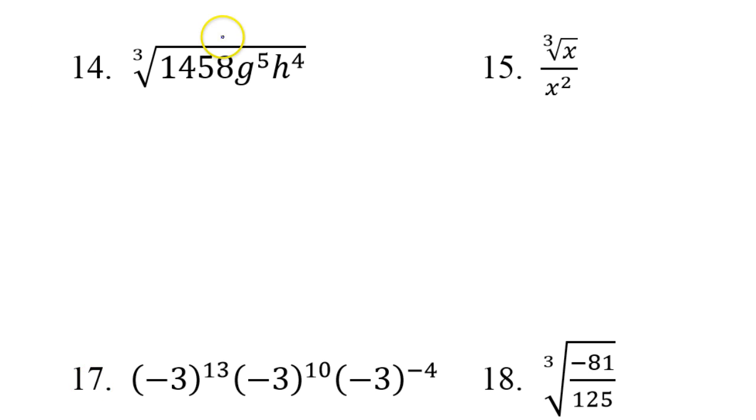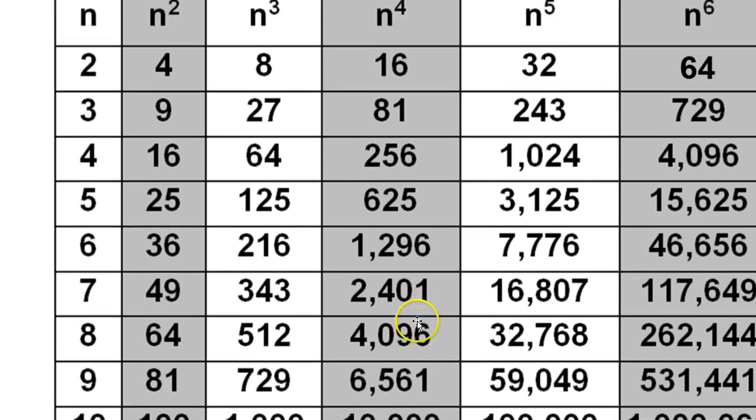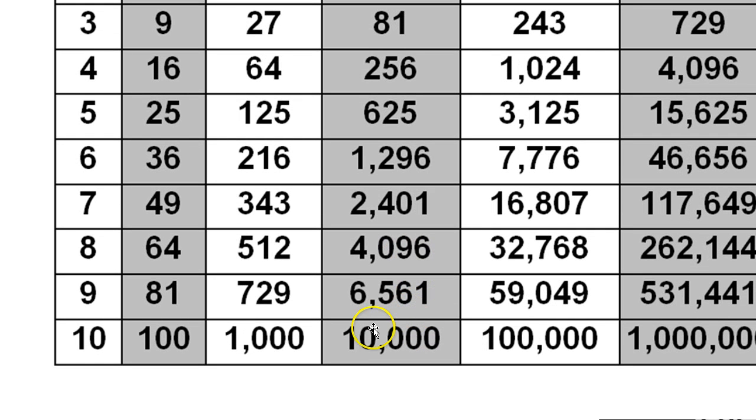All right, on number 14, we're not going to be quite that lucky. Let's see, is 1,458 a perfect cube? Well, if it is, it's off the chart, but I don't think it is.